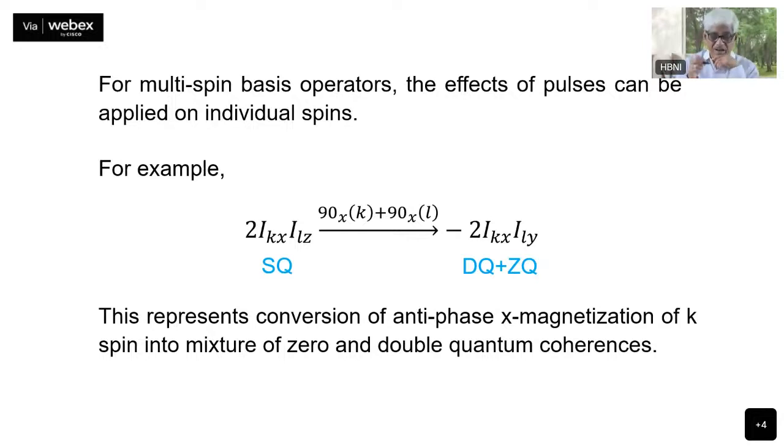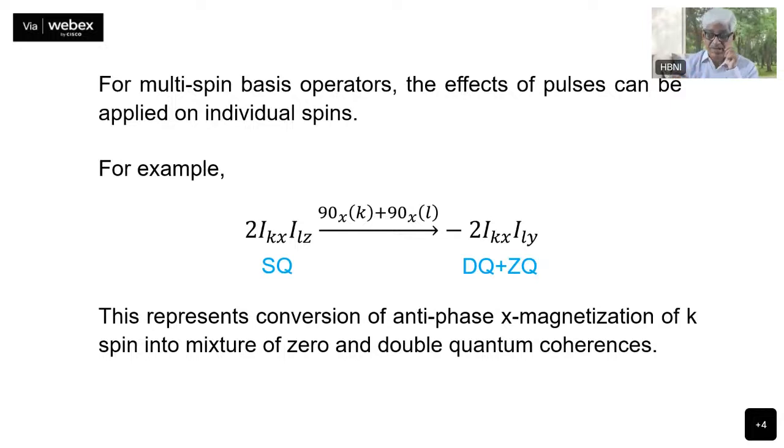Okay. So when you have a situation like that, we consider, let us say, an operator term which is 2IKX ILZ, the basis operator 2IKX ILZ. What does this represent? This is representing an antiphase magnetization of K spin, right? Now to this I am applying a 90X pulse to both K and L spins.